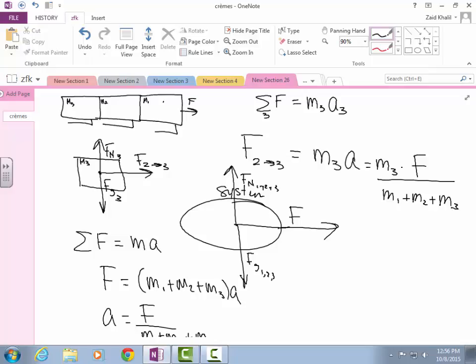The only force acting on it is F of 1 on 2. So this is the net force acting on a system comprised of M2 plus M3. Notice that net force is what? Proportional to the mass.